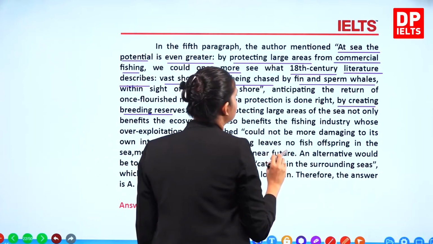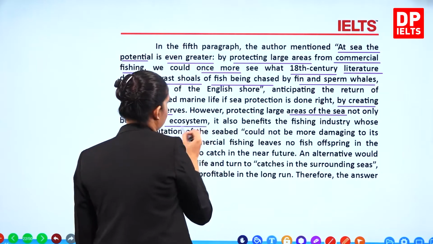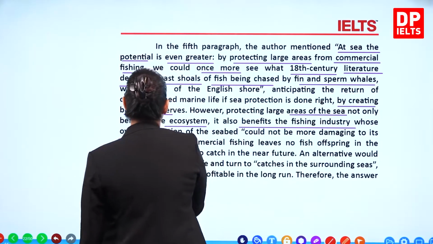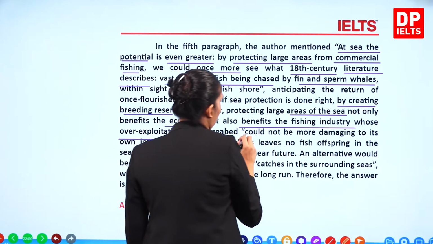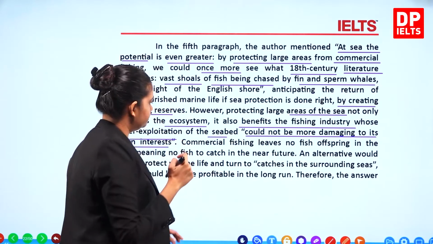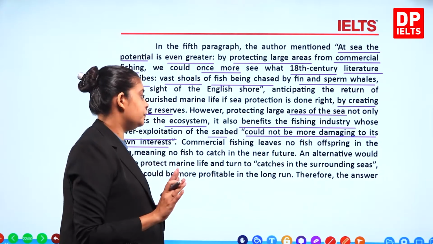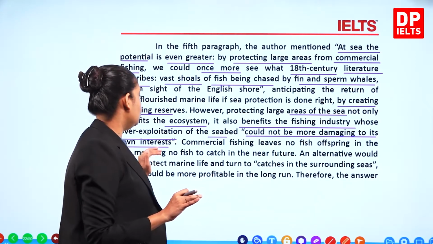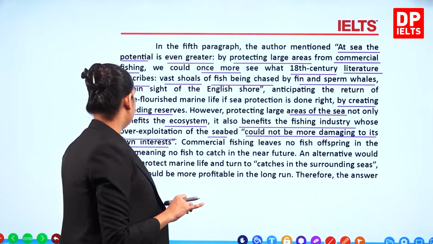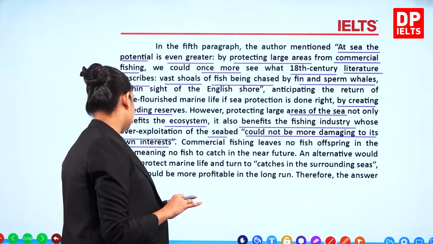However, protecting large areas of the sea not only benefits the ecosystem, it also benefits the fishing industry, whose overexploitation of the seabed could not be more damaging to its own interests, right? So what happens? Commercial fishing leaves no fish offspring in the sea, meaning no fish to catch in the near future. An alternative would be to protect marine life and to turn catchers in the surrounding seas, right?